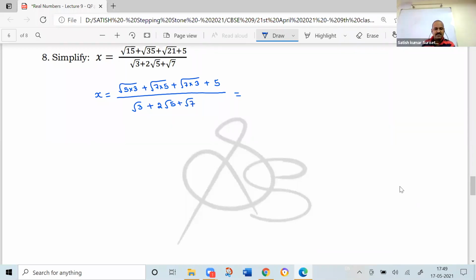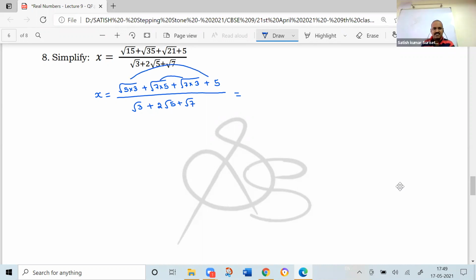In the first two terms, root 5 is common. Then the remaining will be root 3 plus root 7, plus... is anything common here? Let us regroup the terms. Suppose if we change the grouping, these two you group and these two.